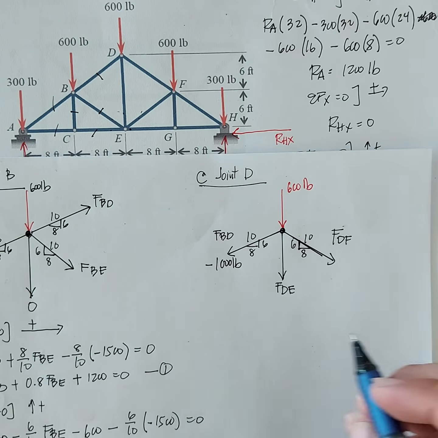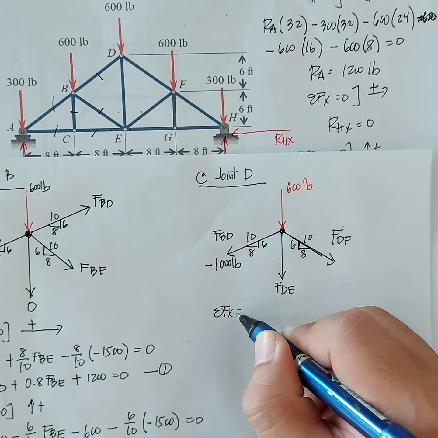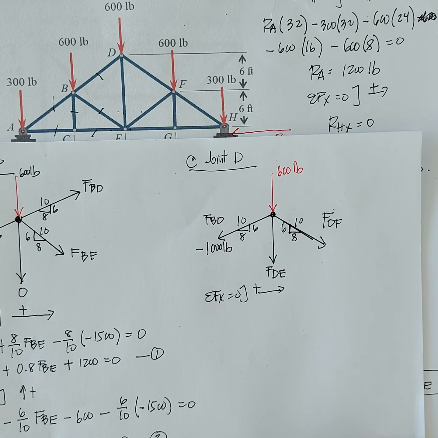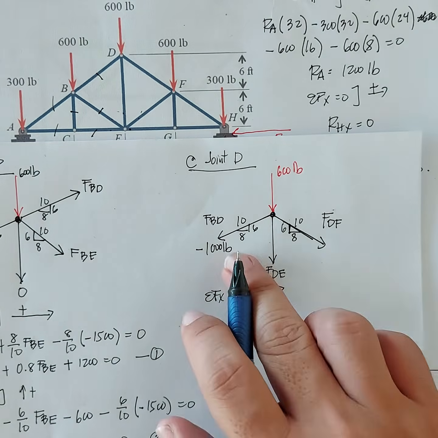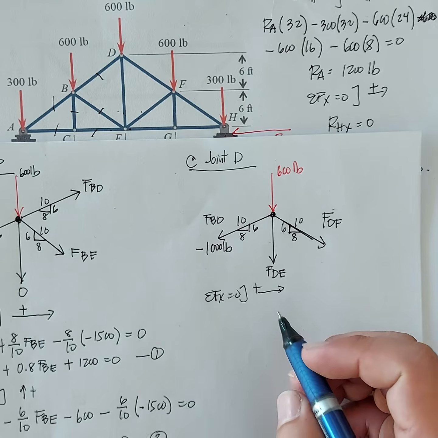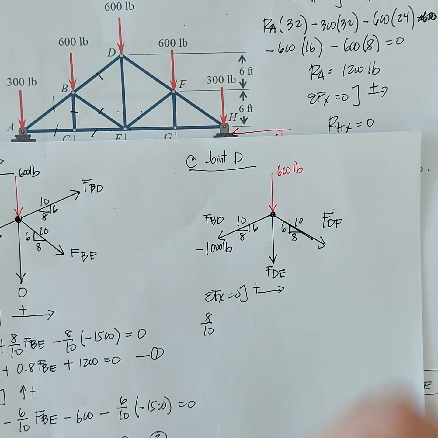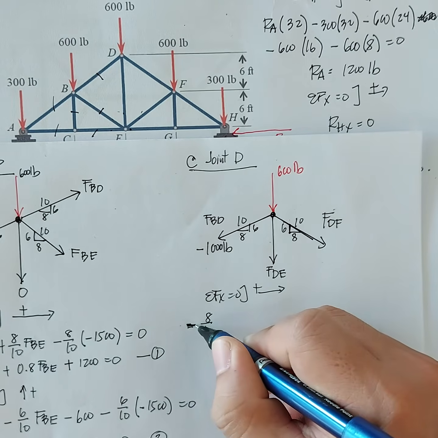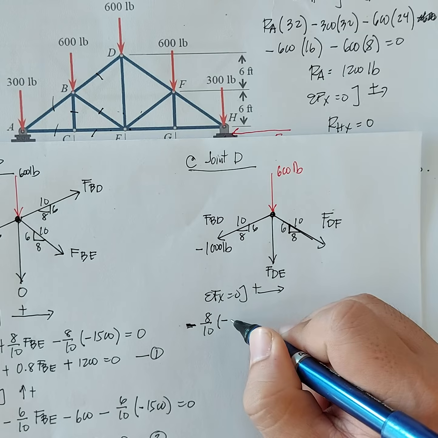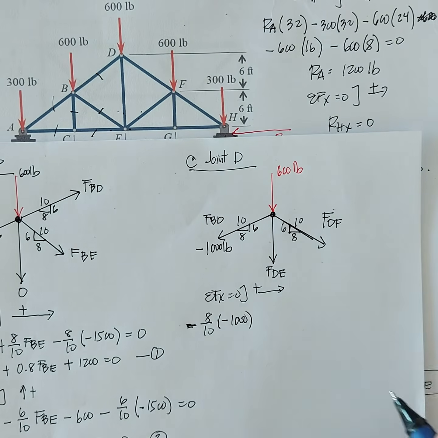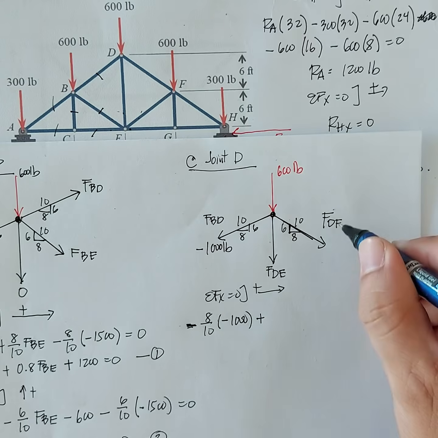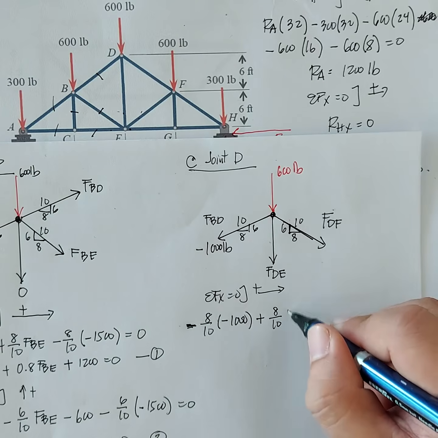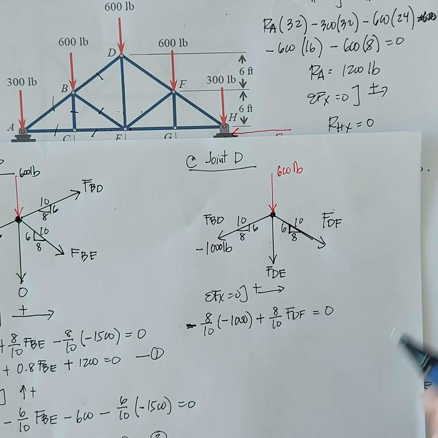Okay. So summation of forces along x-axis is equal to 0. Forces to the right, positive. So ano yung mga forces along horizontal axis? Itong FBD natin, we have 8 over 10. Directed to the left siya, so minus. Minus dapat yan, sorry. Times negative 1,000 plus horizontal component of FDF, so 8 over 10 times FDF is equal to 0.